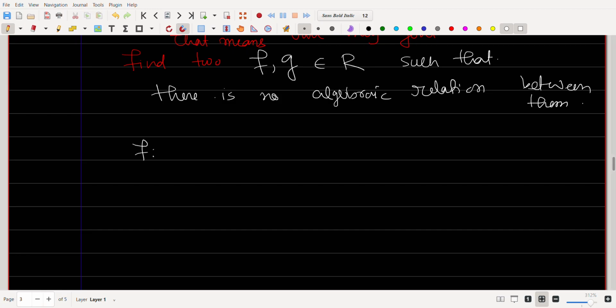Fine. Now what is an obvious choice? Okay, so you have f from N cross N to R. This is just a function on N cross N, right? Just a function. You don't need to think about anything. You can just define whatever you want. It's just a function. But you need to think that they should not satisfy any algebraic relation. So one guess is that take the projection map.